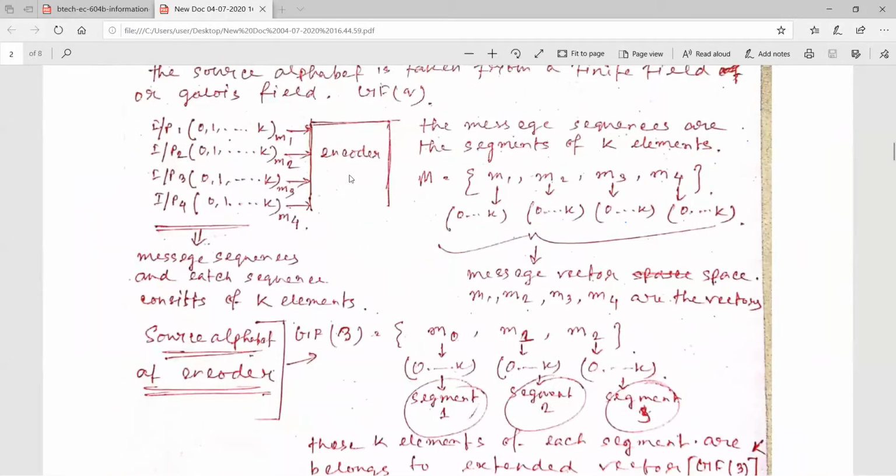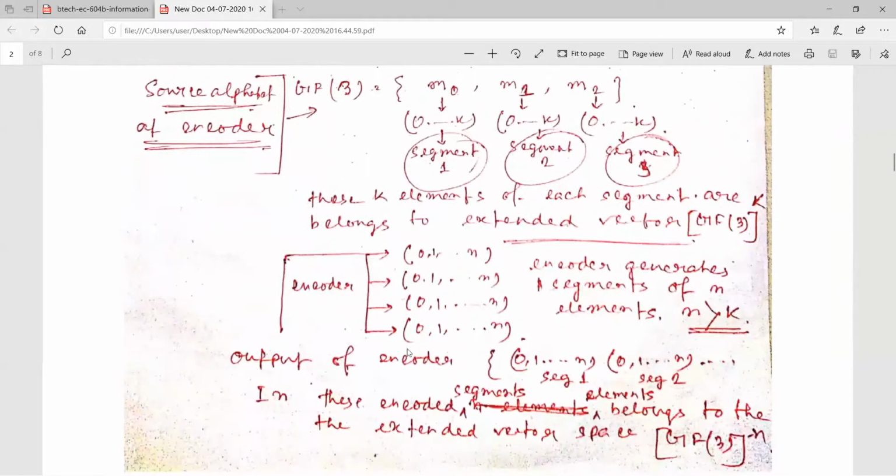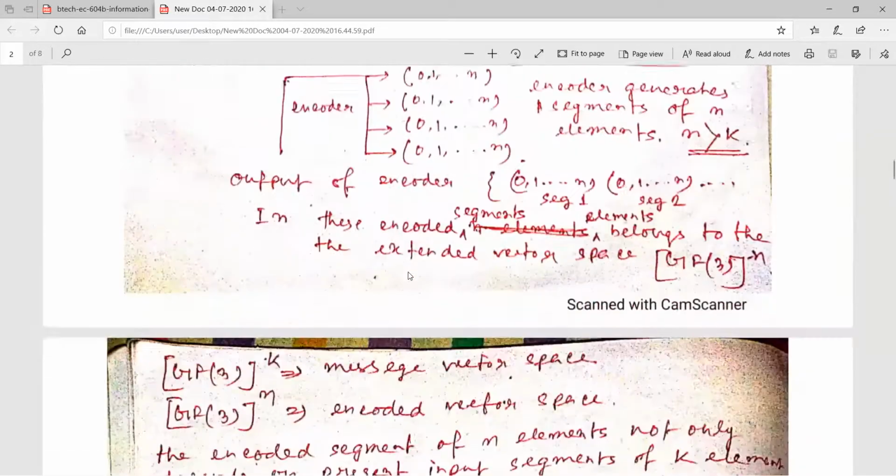The message bit information is going to this encoder input, and we are generating the output encoded code sequence.